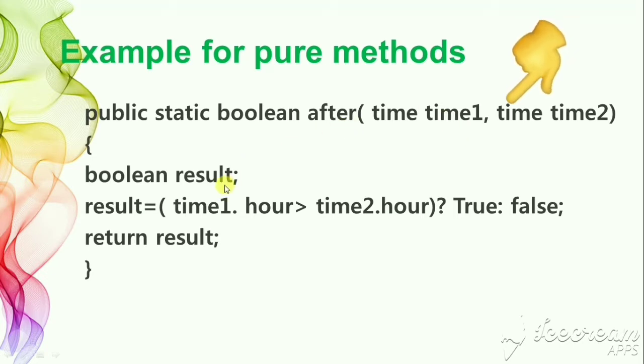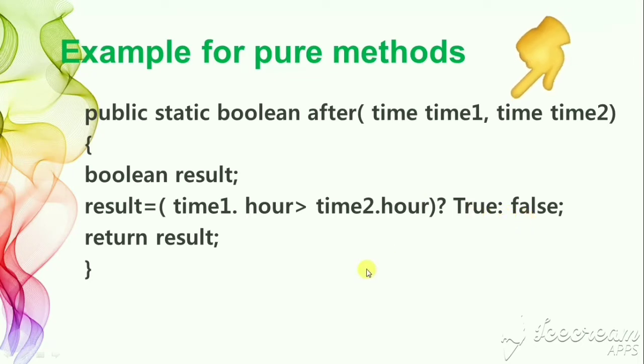Now I am going to return the result as a boolean. The result is time1.r greater than time2.r. The result depends upon our input value. According to the input value, if this condition is true it will show the first statement, true, otherwise it will show the second statement, false.